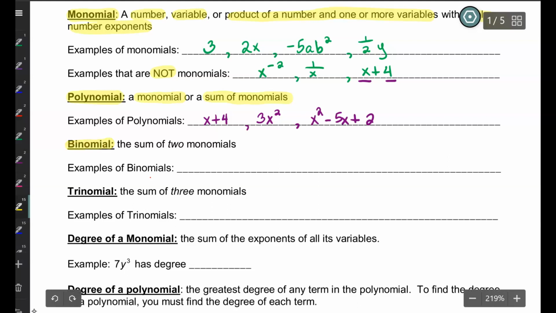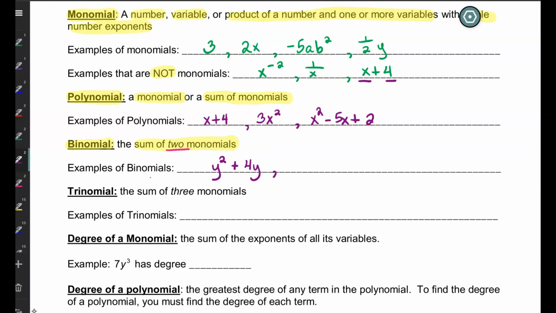Then we're going to look at specific types of polynomials. So binomial, if you think about the first part of the word, right? That's going to be 2 monomials combined. So examples of binomials would be, let's say, y squared plus 4y. Possibly you could have a squared b plus ab squared.